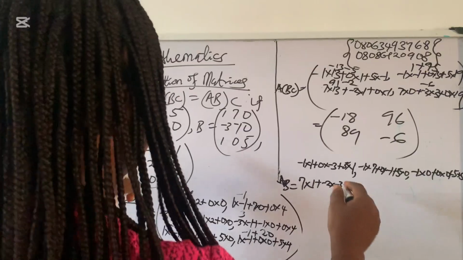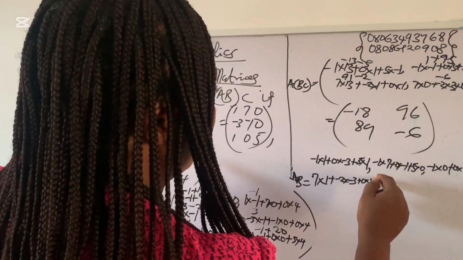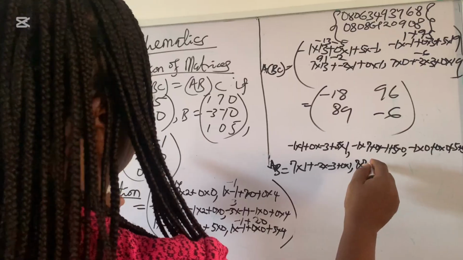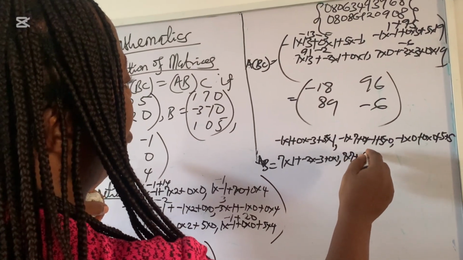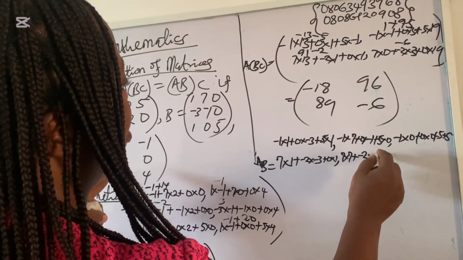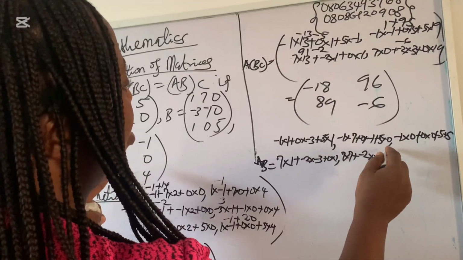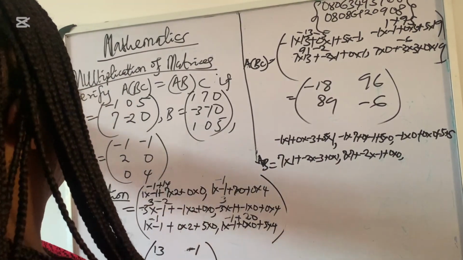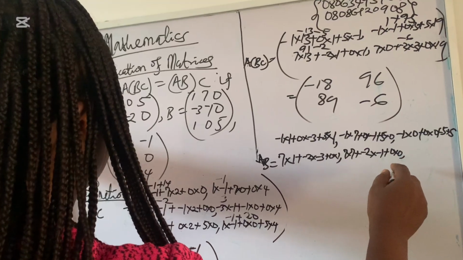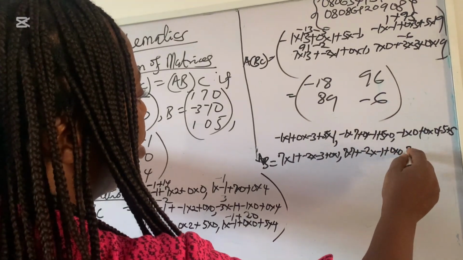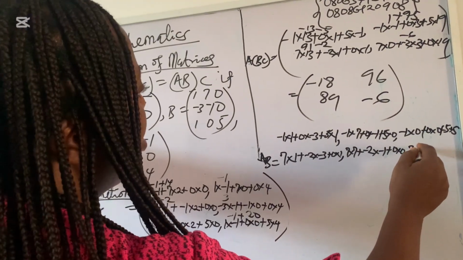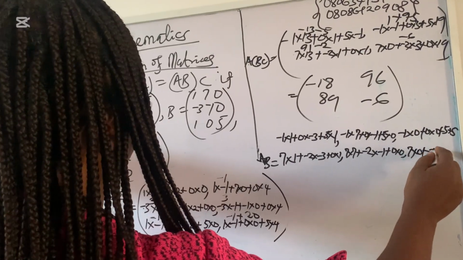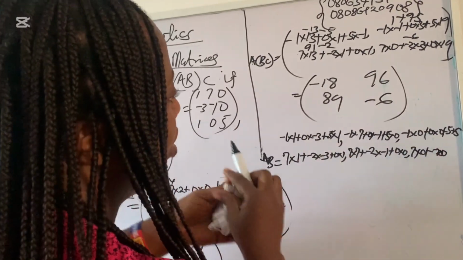Then 7 times 7 plus minus 2 times minus 1 plus 0 times 0. Now the last column, 7 times 0 plus minus 2 times 0. Sorry.